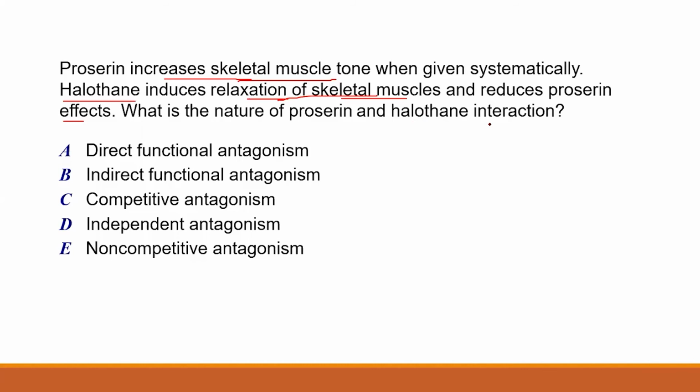You have a drug that is increasing, another one causing relaxation or decrease in skeletal tone. What it means is that they are indirectly functioning against each other. So this is indirect functional antagonism. So that's why over here, quickly we'll go in for B.